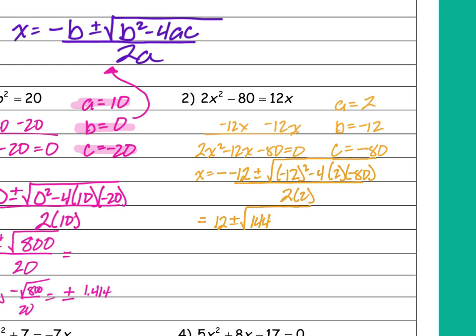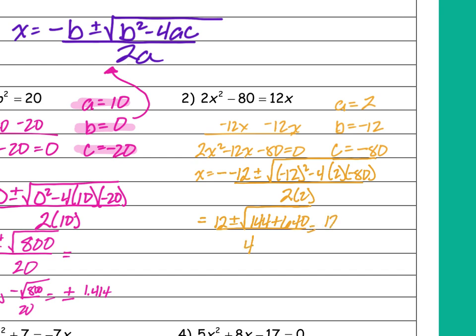144. And then we're going to multiply, let's see, negative 4 times 2 is negative 8, and negative 8 times negative 80. 8 times 8 is 64. So plus 640, all divided by 4. And I'm going to simplify that again.